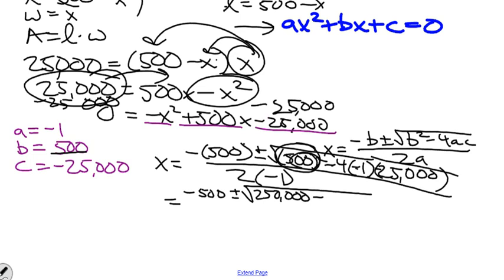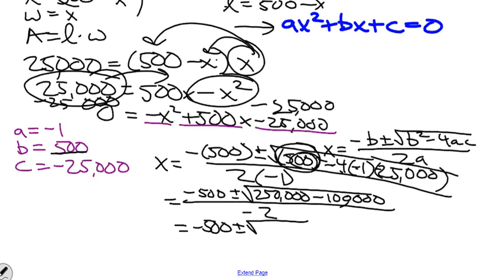So 2 of them cancel with each other. 4 times 25 is 100, and then tack those zeros on. So this is what you get. So minus 100,000 all over -2. So this is going to give me negative 500 plus and minus the square root of 150,000, because that's what 250,000 minus 100,000 is, all over -2.